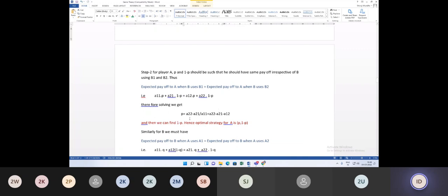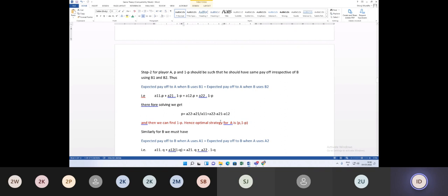Therefore, solving, we get this equation. By applying the mathematical rules here, we get P equal to A22 minus A21 divided by A11 plus A22 minus A21 minus A12, right?